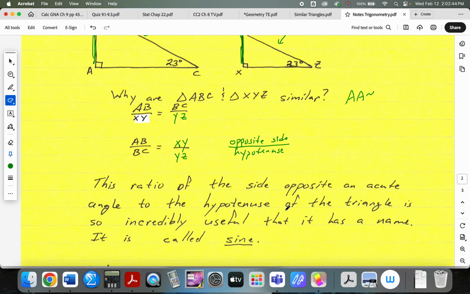It was originally in Arabic, and when it got translated into Latin, someone translated it wrong. Then when they put it into English, we got stuck with it. Two hundred years later, someone figured out that it was a mistranslation, but by that point everyone was already using it, so they just left it. It should have been a completely different word, but don't worry about that.